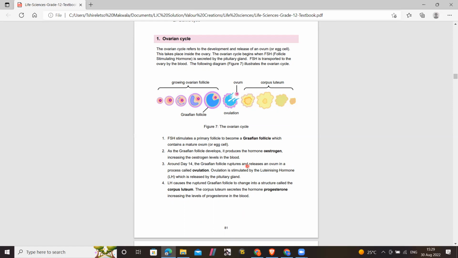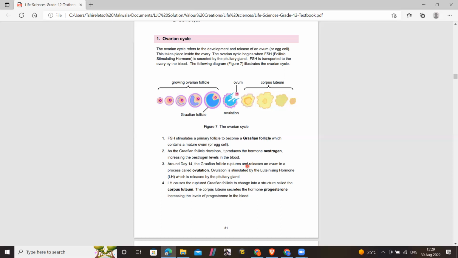As time goes on, this Graafian follicle also produces estrogen. However, at a certain level, LH, the luteinizing hormone, is going to be produced by the pituitary gland to cause this ovulation, this rupture of the Graafian follicle.